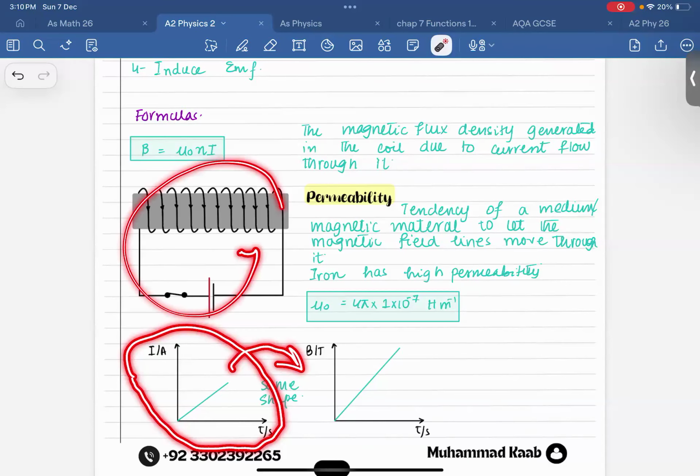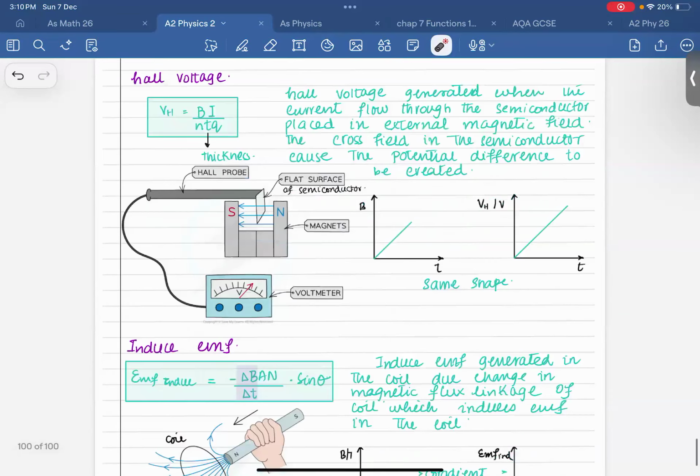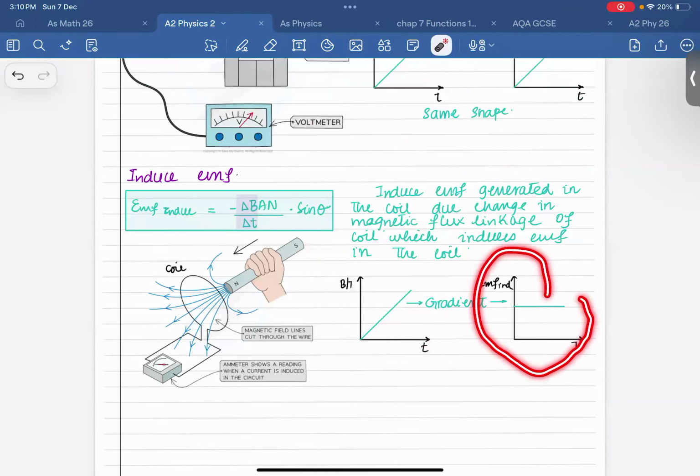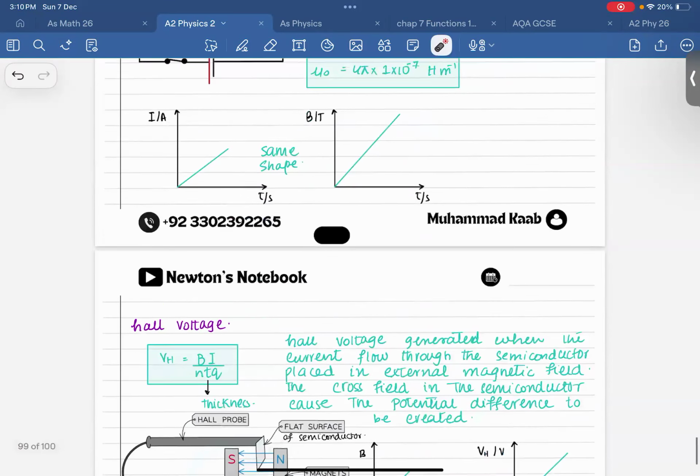But if you have, let's say, another coil beside it, there'll be the EMF induced or the magnetic field induced in it. So the induced magnetic field follows the same graph, and induced EMF would be the gradient of the magnetic field graph, right? So you can relate everything together. So that's it for the whole chapter.